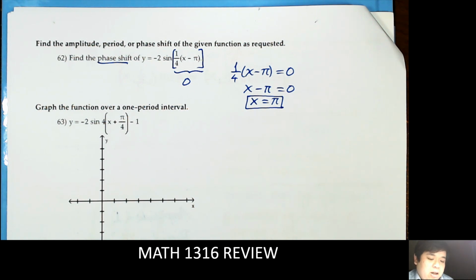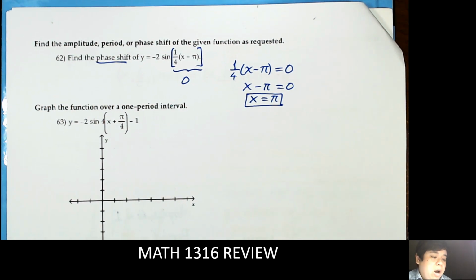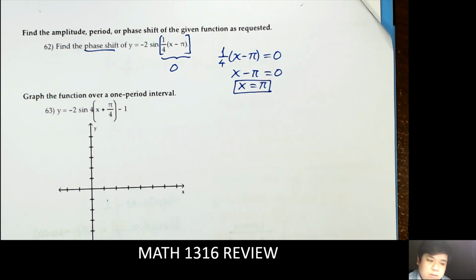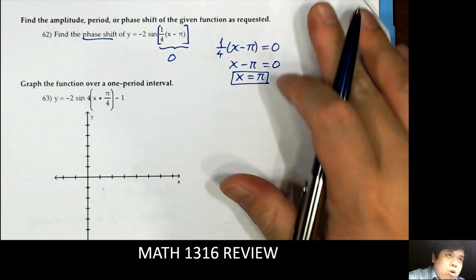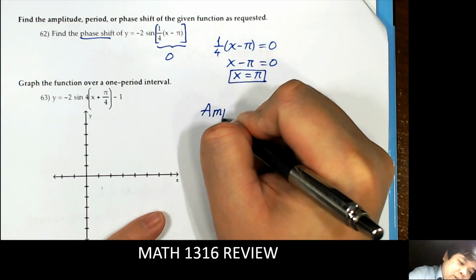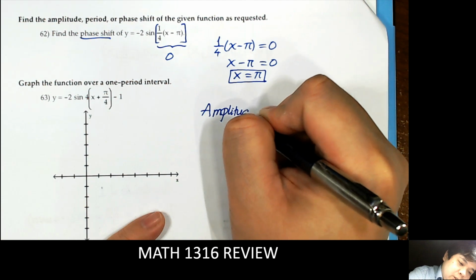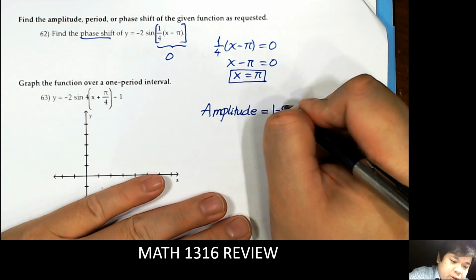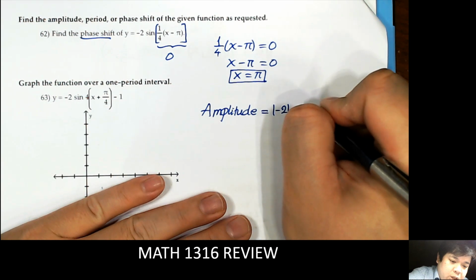Right, next, the graph of the function y equals -2 sine of 4 times x plus pi over 4, minus 1. So we'll go through all of the steps. The amplitude is the absolute value of -2, which is 2.